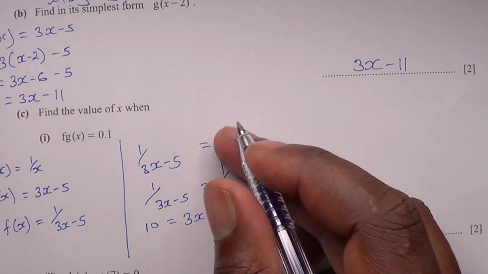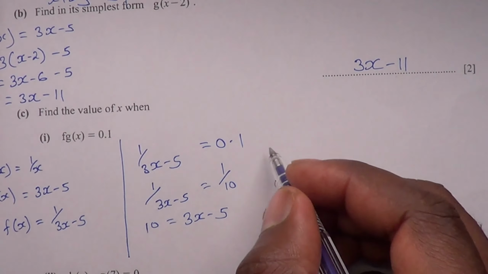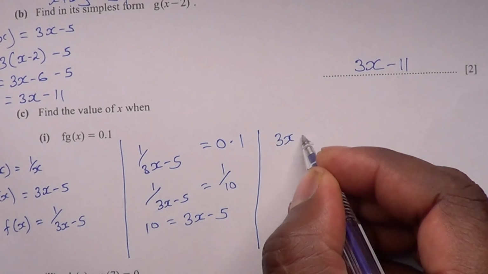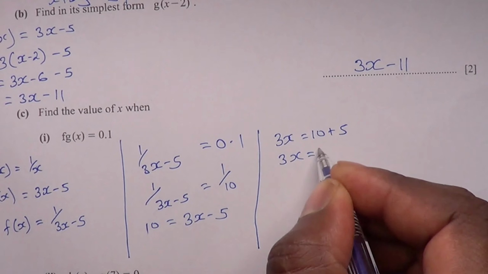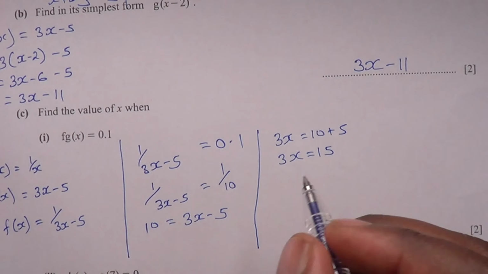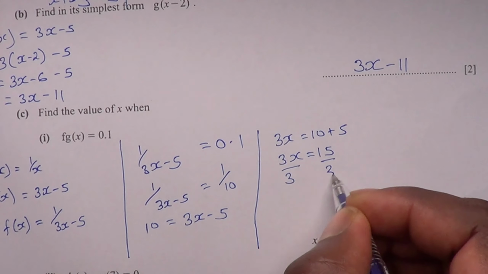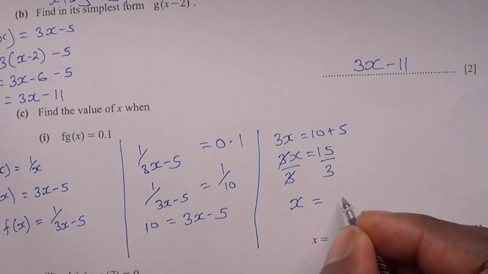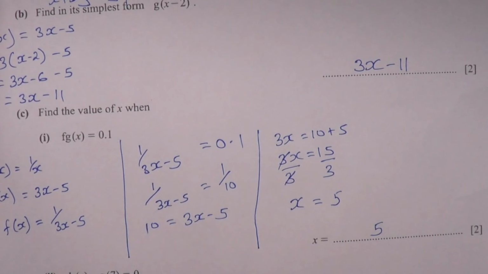I have changed this one into a fraction. Now this one comes to the other side, so 3x equals 10 plus 5, whereby 3x equals 15. But we need x. I divide here by 3, divide here by 3. So x equals 5. So here the answer is 5.